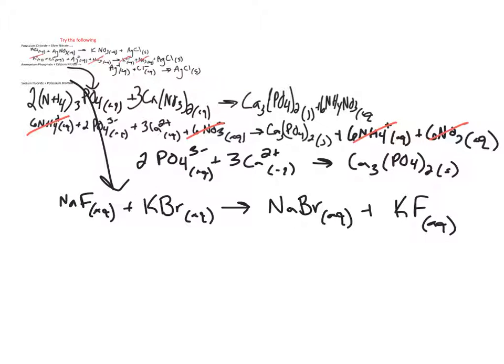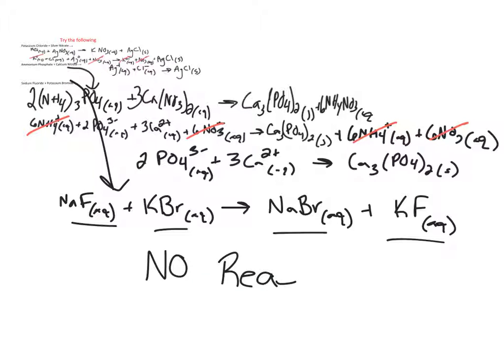All right, so this one's a little special of a situation because I write out my balanced reaction, and all 4 of these come out as aqueous. So if I would break them all up, they would all cancel. So when they all come out as aqueous like that, no reaction has occurred. So that's all I would write for that one. So be really careful with that. It's not always no reaction, but if they're all going to cancel off, like in this situation, nothing actually would occur.